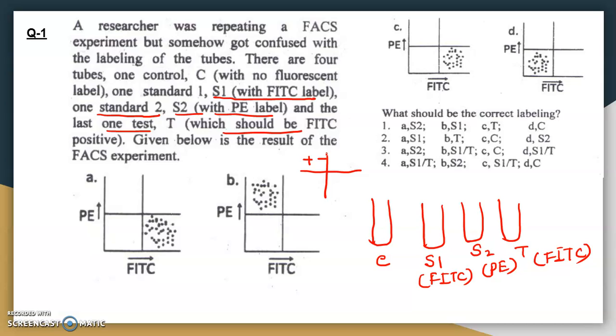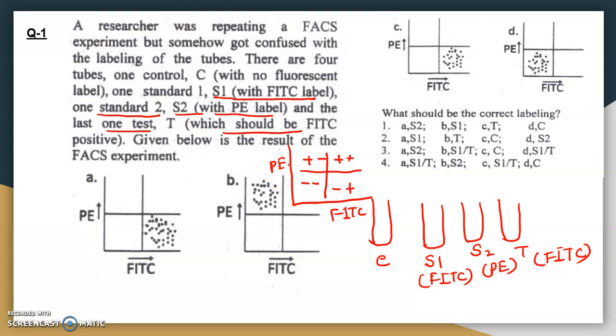The second quadrant represents double positive, and the third quadrant represents negative and positive, maybe PE positive, FITC negative. The left one represents the control, negative for both. You have to know that these quadrants are FITC versus PE.